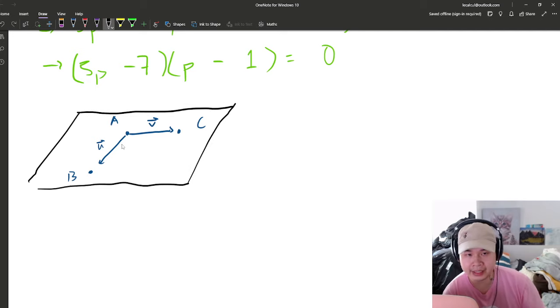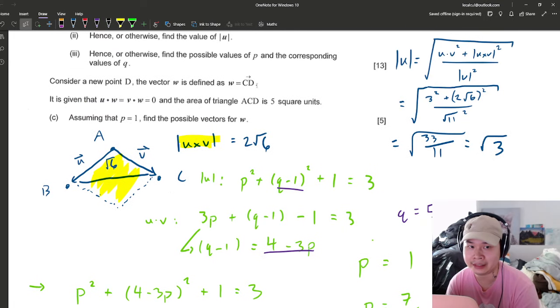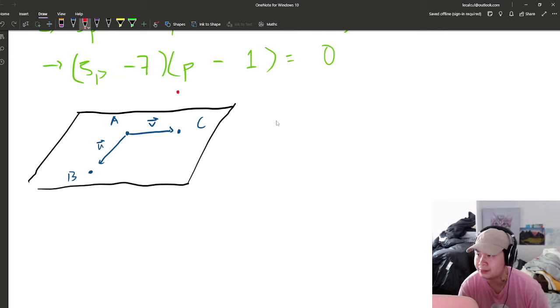Now, we know that W, which I think is CD, so there's a point D. The vector from C to D needs to be perpendicular to both U and V. In other words, W is perpendicular to the plane. So, like D could be up here. So this is W. Notice, right?